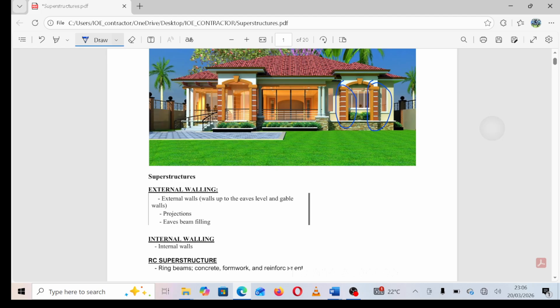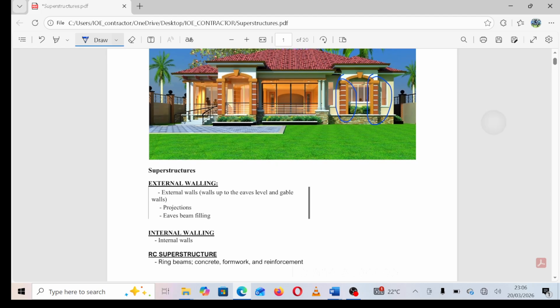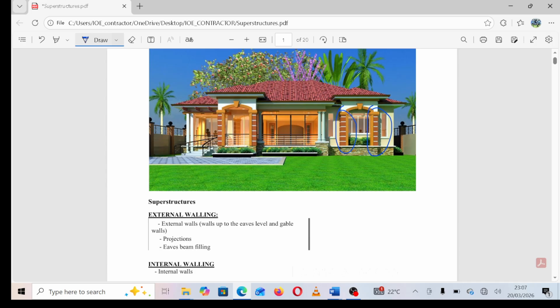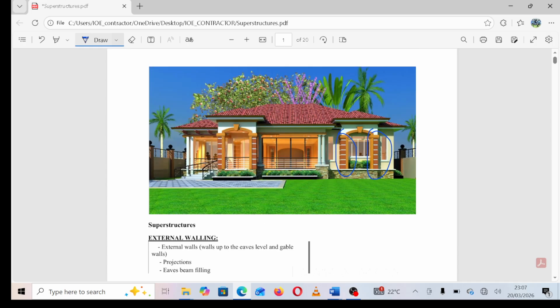So right now we start with external walling. Now the external walling, I'll take it in blue, is this exterior part here you're looking at. The wall that forms an envelope that encompasses the built environment, the building itself.